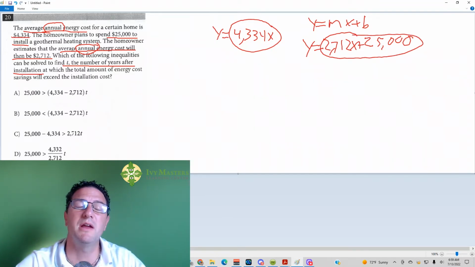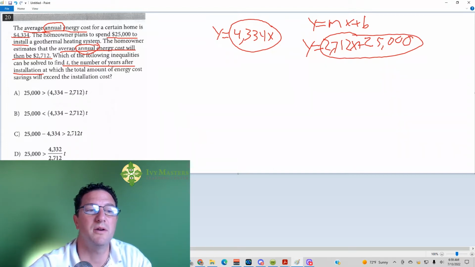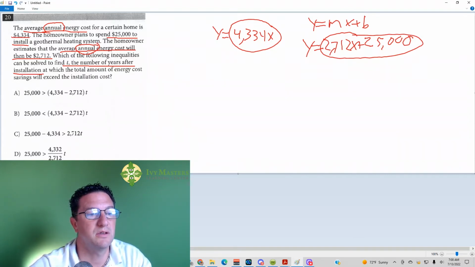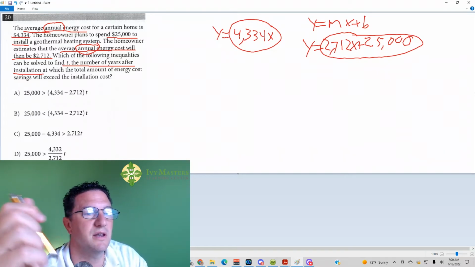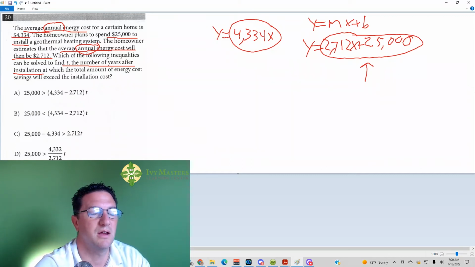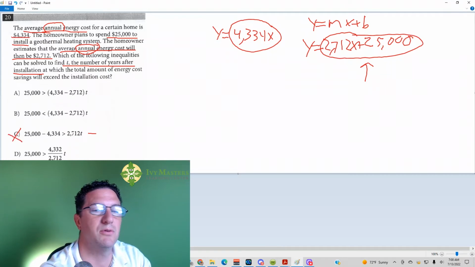So you might be able to answer this question without taking into consideration which way the greater than sign is facing, to the left or to the right. Let's see if there's something that reflects that. We've got 25,000 isolated on the left in answer choices A, B, and C. Let's see if we have this on the right side of any of those, and we do not. And the 25,000 has no x attached to 4,334, so that has to be wrong.